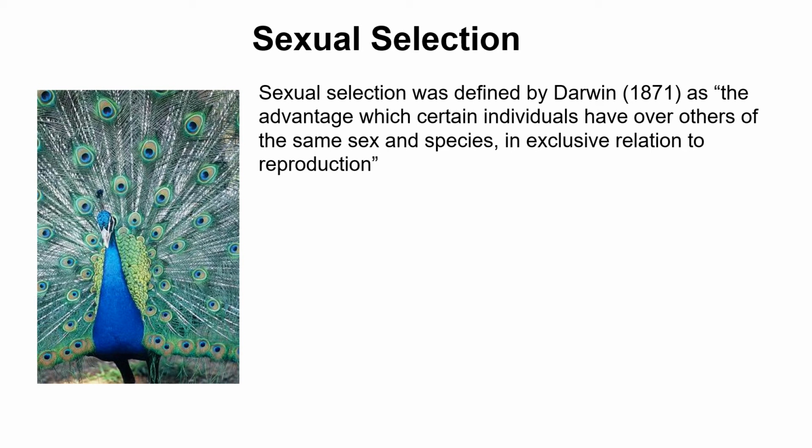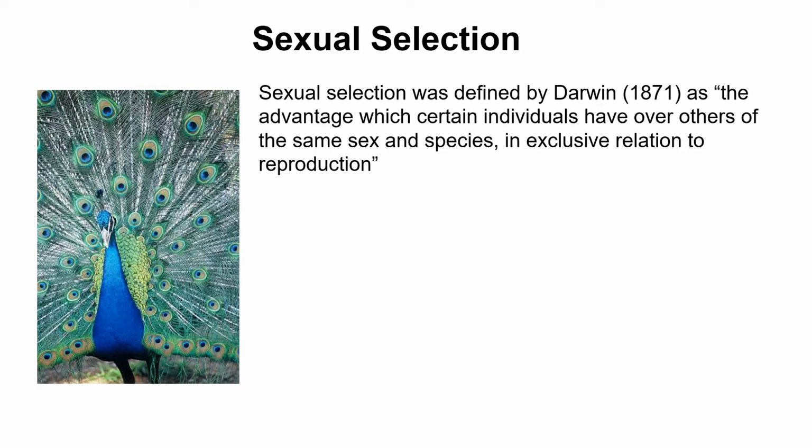But what really brought evolution by natural selection together into the cohesive theory we have today is the advent of sexual selection. And that is that anything that aids or gives an advantage to an individual over others in exclusive relation to reproduction, even if it has a cost in survival, will be selected for.